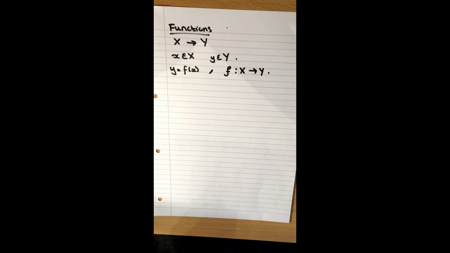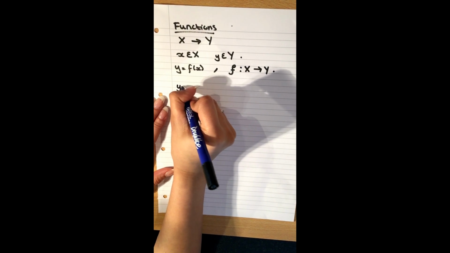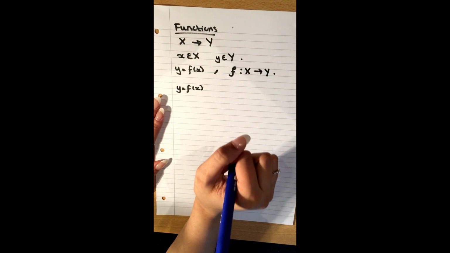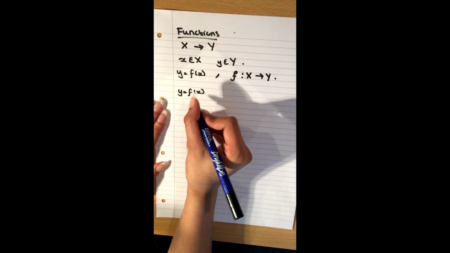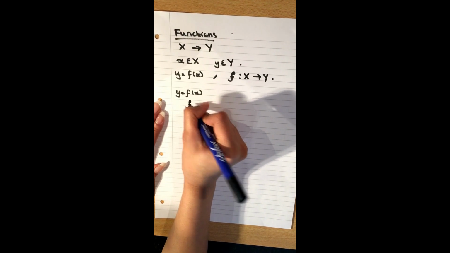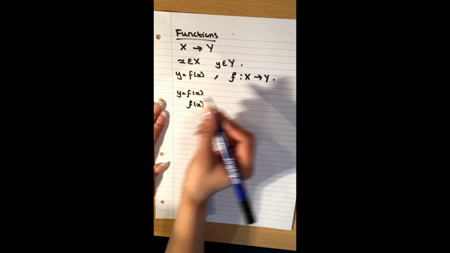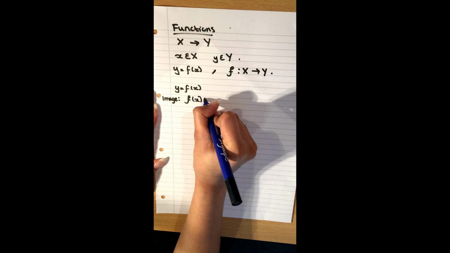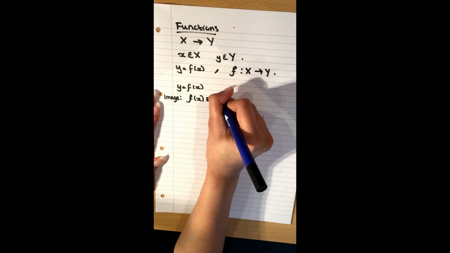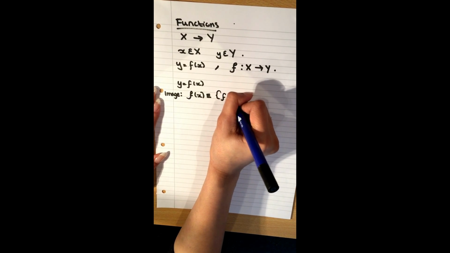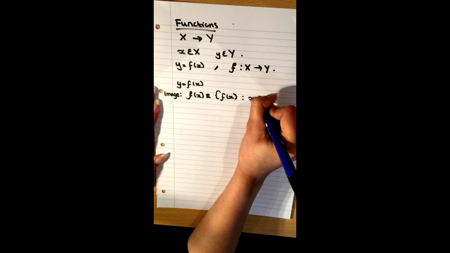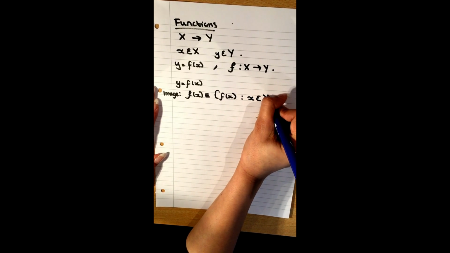The image of a function, y equals f of x, is a set of all possible values that it can attain. So the definition can be written as f of x, which is your image, equals the set f of x, so the range, such that x is an element in the set x.